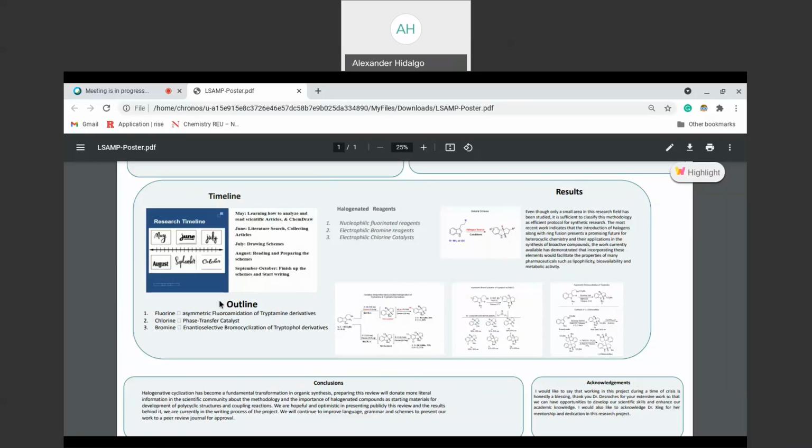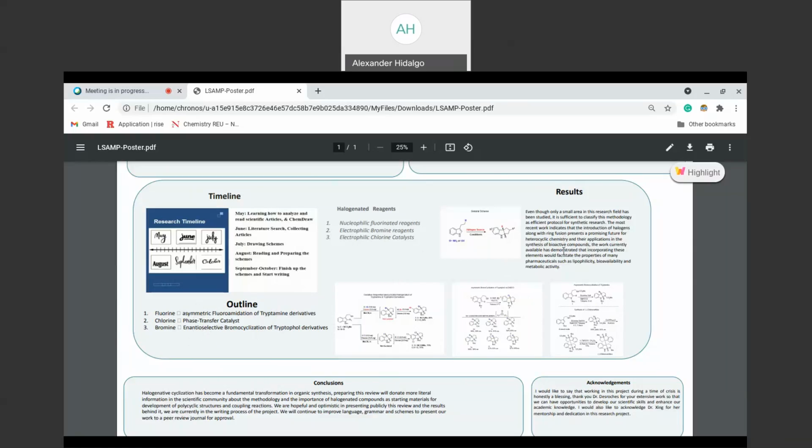The outline of the project will be based on the most accurate and up-to-date data we were able to find, starting with fluorine, followed by chlorine and bromine.